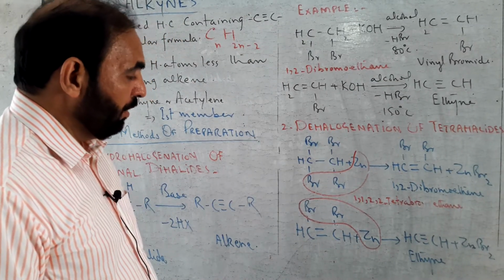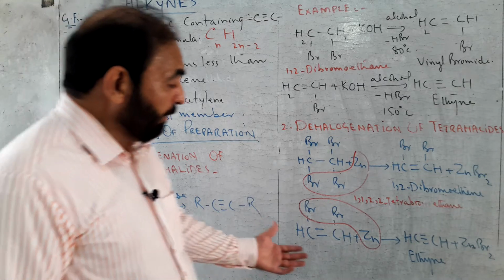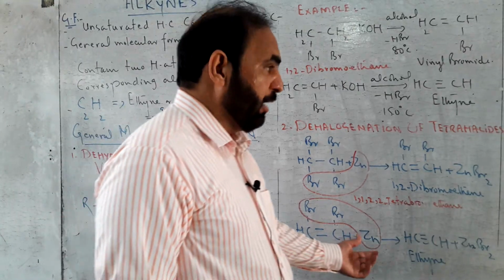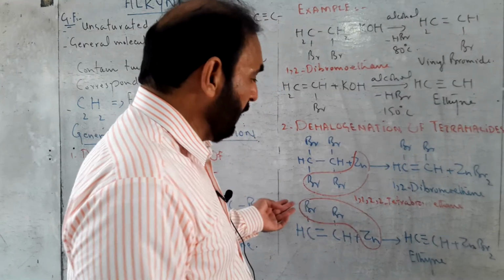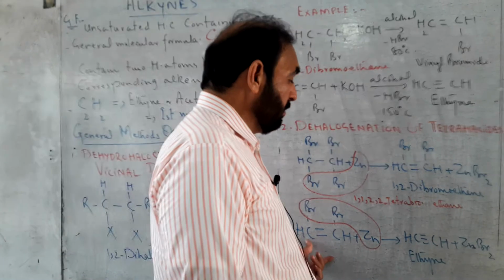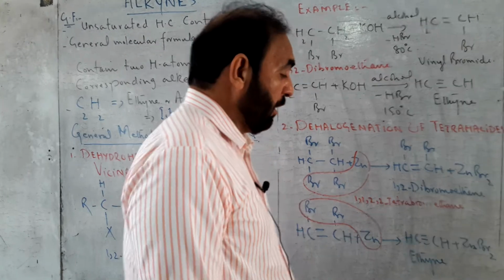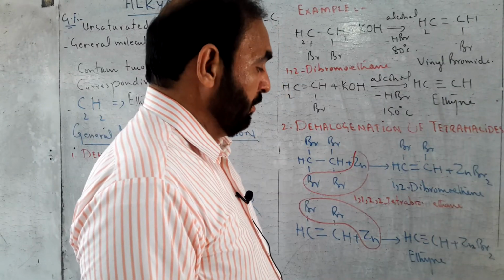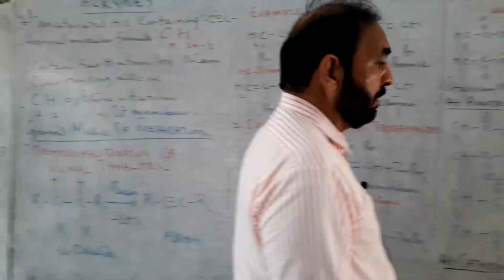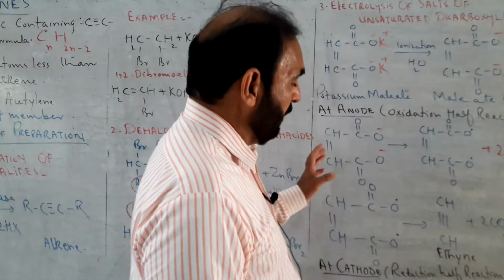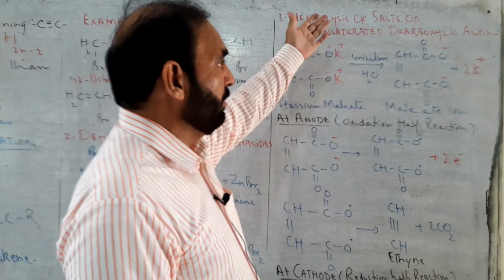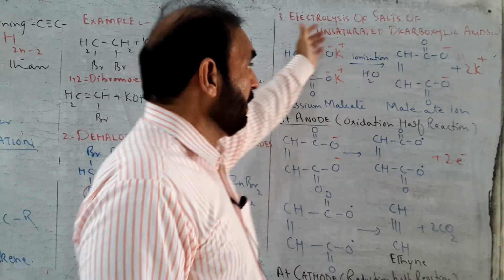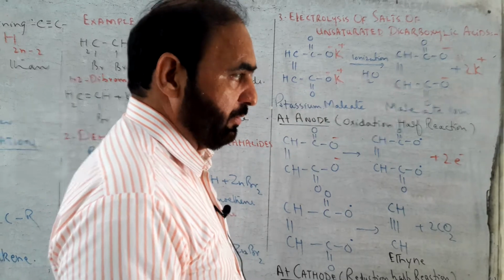In second step, again dehalogenation takes place. Zinc takes remaining two bromine atoms, and carbon-carbon double bond is changed to carbon-carbon triple bond, and ethyne is the product. Third method for the preparation of ethyne is electrolysis of salts of unsaturated dicarboxylic acid.